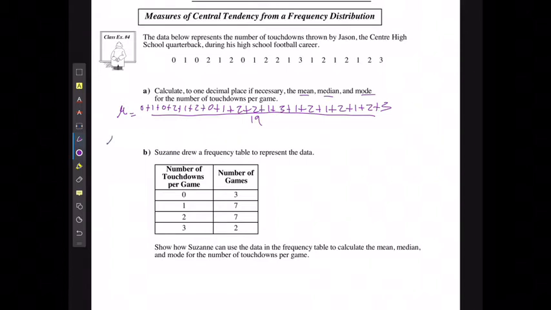Which means that mu is going to equal 27 over 19, which is going to be 1.4 touchdowns.